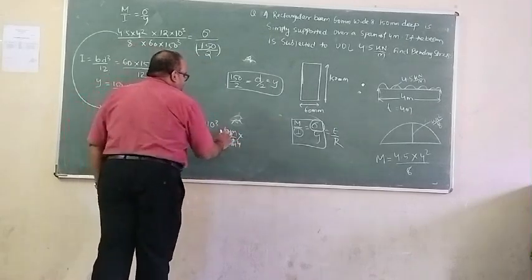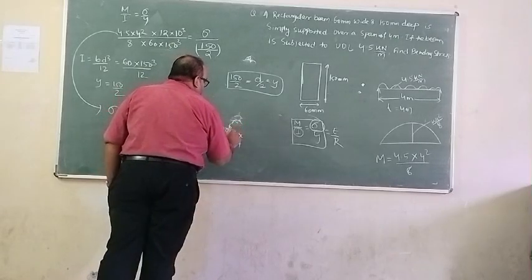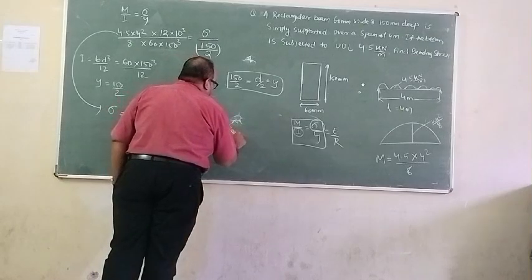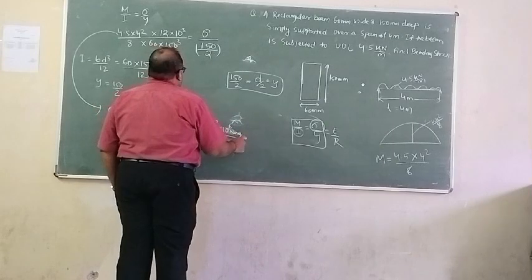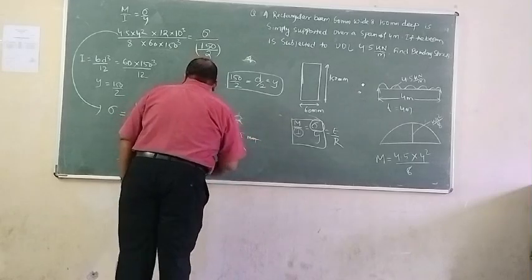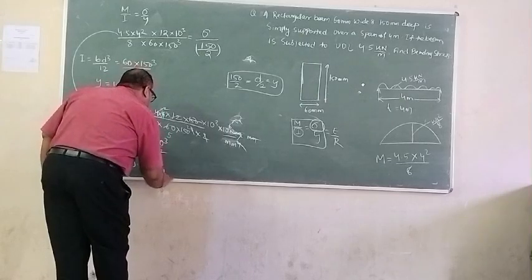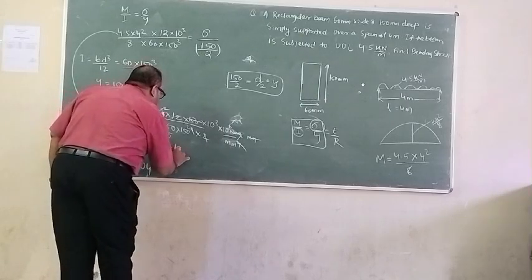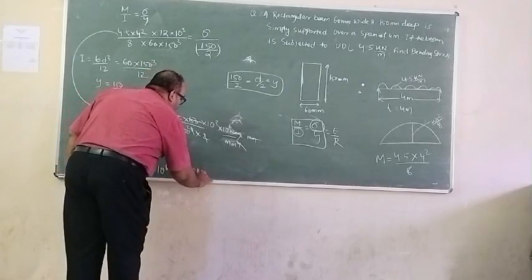So we will simply replace this with 10 to the power 6, and this is Newton mm. So M divided by I, and the y value is simply mm. After solving, the mm cancels, multiplied by 10 to the power 6. If we do this, here also 10 to the power 6, then we will get 40 MPa.